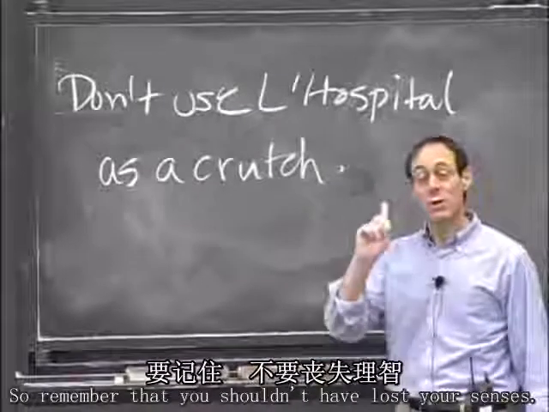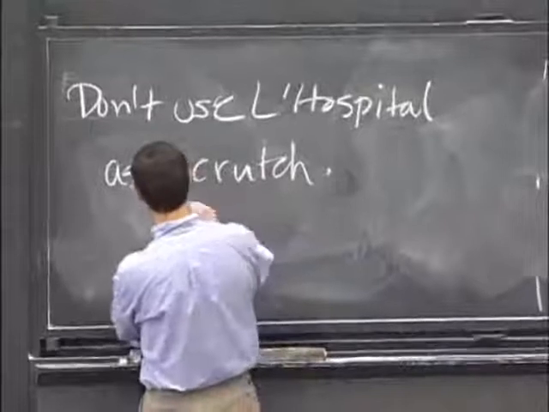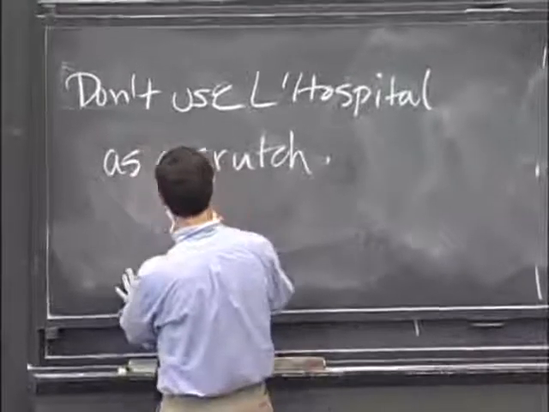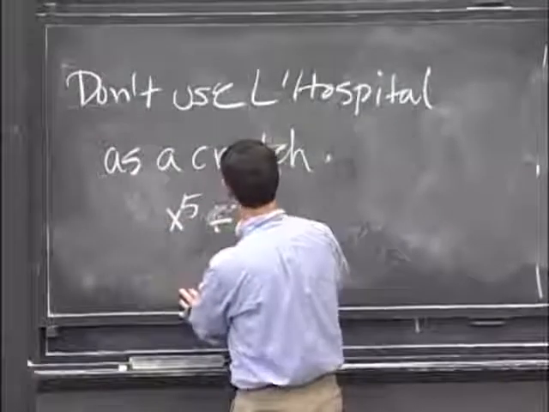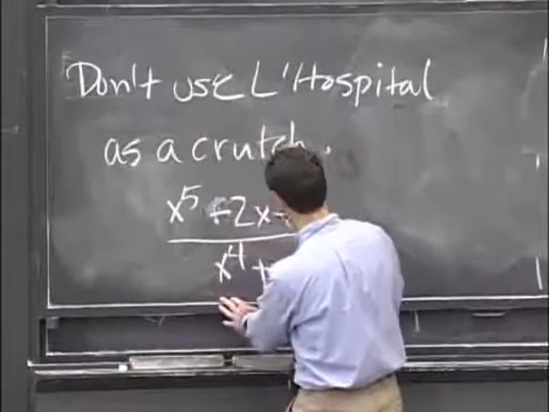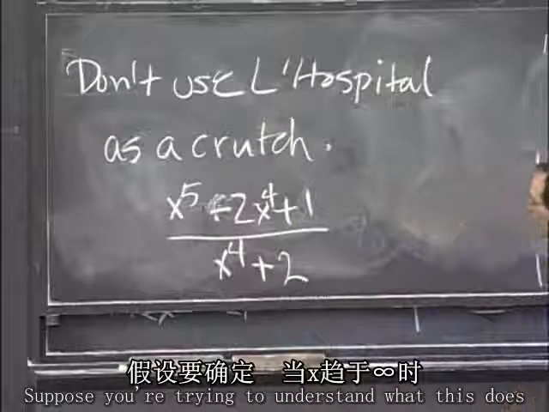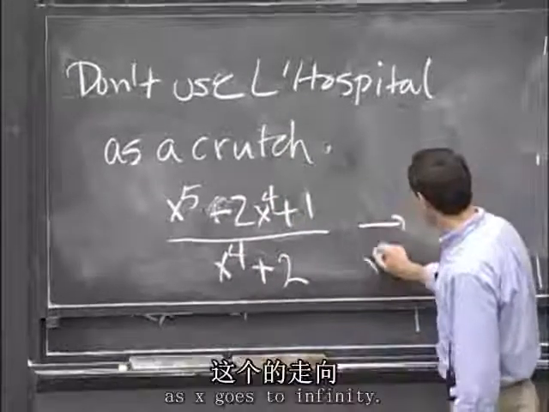So remember that you shouldn't have lost your senses. If you have something like this, so we'll do this one here. All right? Suppose you're trying to understand what this does as x goes to infinity.